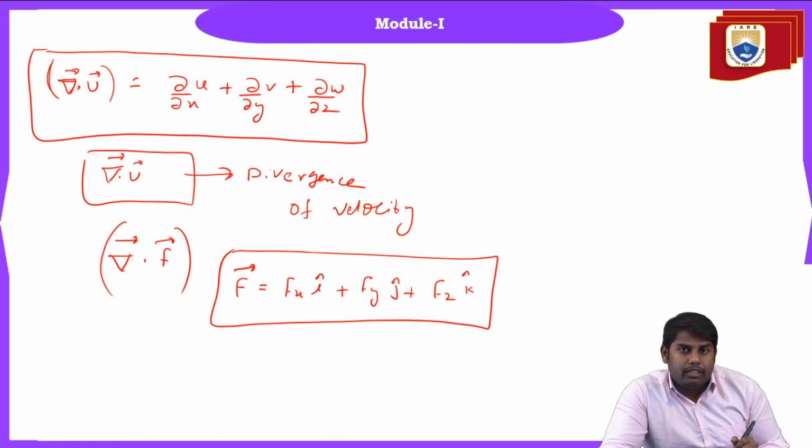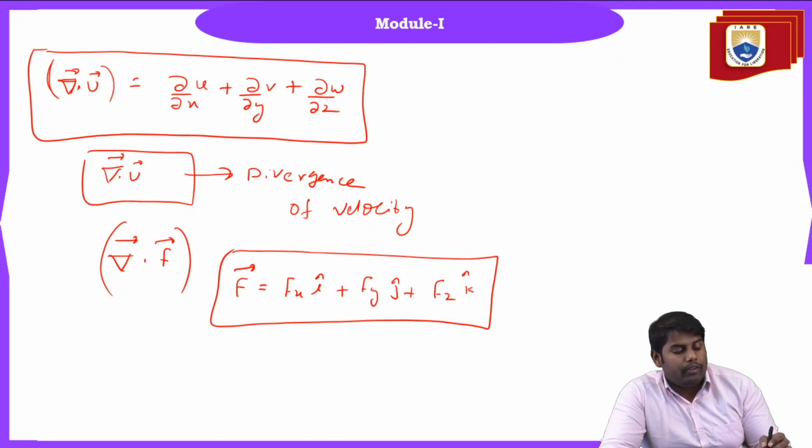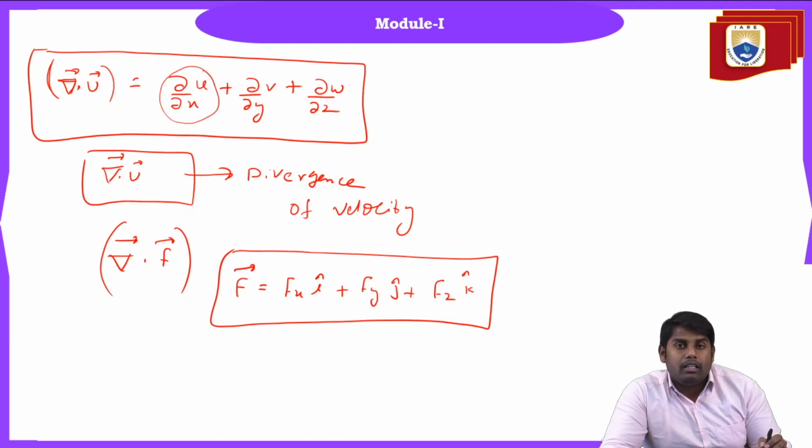Fine. So here, when we do the divergence, the vector entity vanishes and you have the derivative of the entity. The derivative becomes the change in that particular variable with respect to the independent variable x, independent variable y, independent variable z.